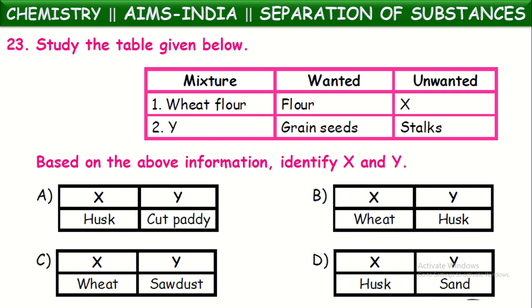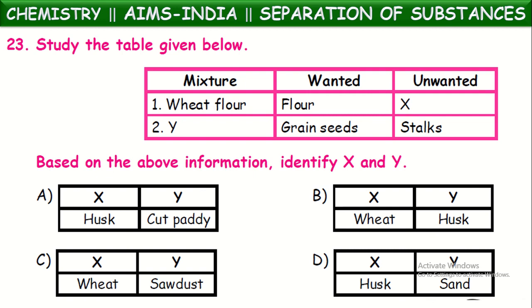Next one. Study the table given below. So two kinds of mixture they have mentioned. So the wanted particles and unwanted particles from the mixture are also mentioned here. Wheat flour, if you take, from the wheat flour we want flour. Then when you separate by using a sieve, we get a certain husk from that wheat flour, isn't it?